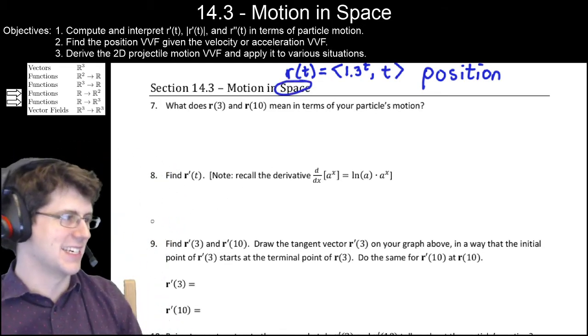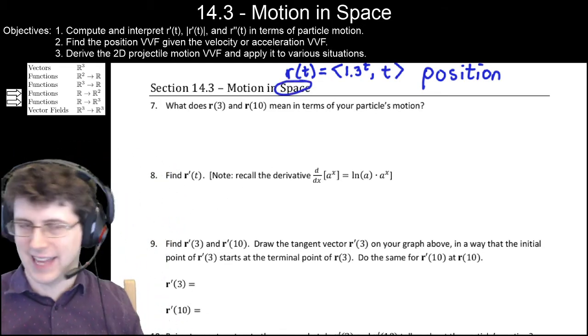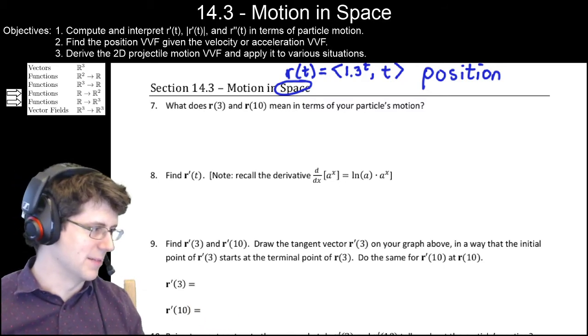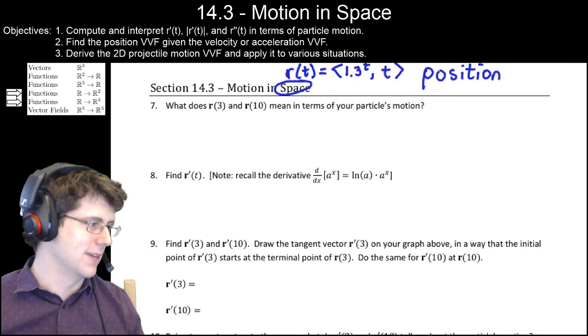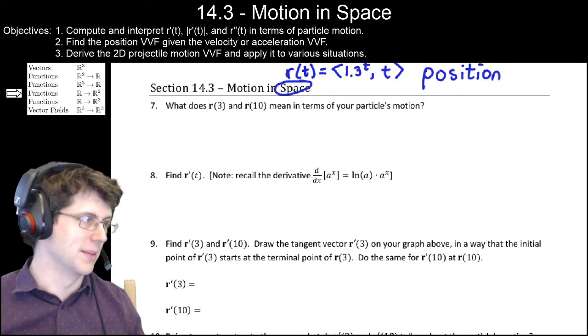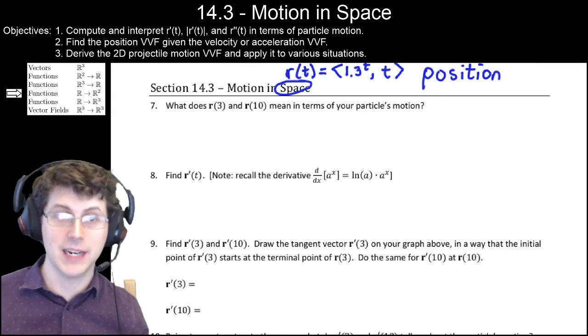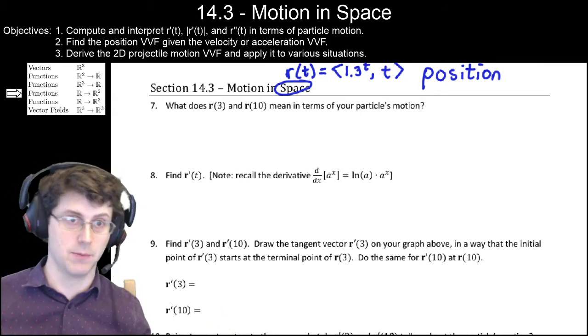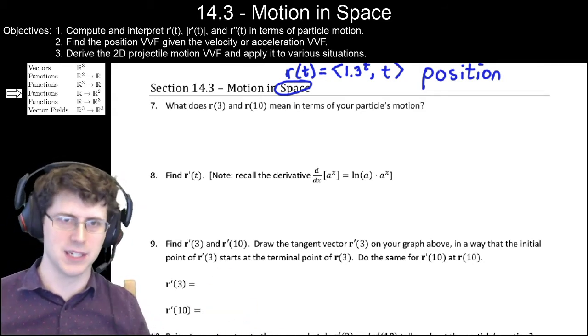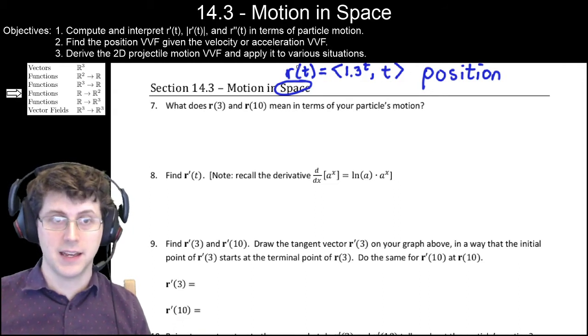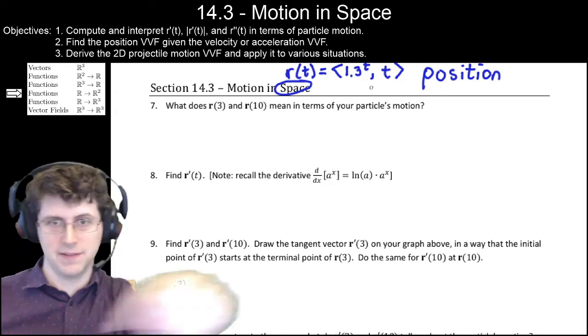Of course, the name of the section is motion in space, and so as always, we need to be a little bit careful with what kind of object we are looking at. I'll just point the arrow at the right data type up here. Right now, we're looking at motion in the plane. Later, I think we'll get to look a little bit at motion in space. But think about some object moving around on a flat surface.